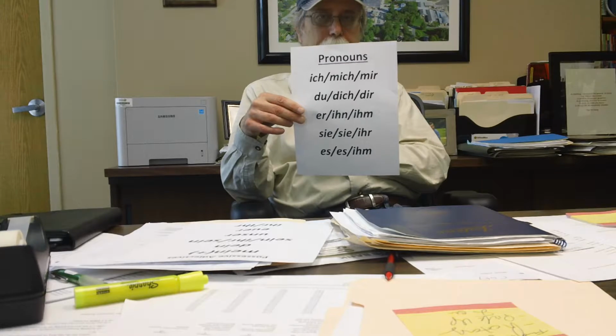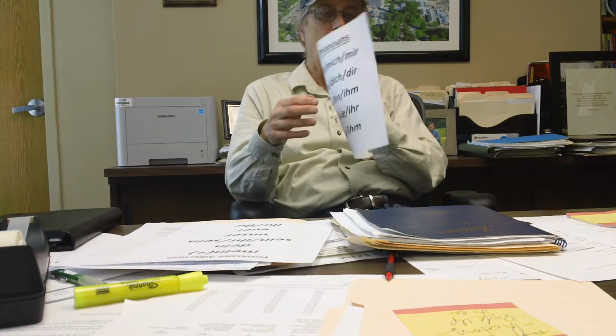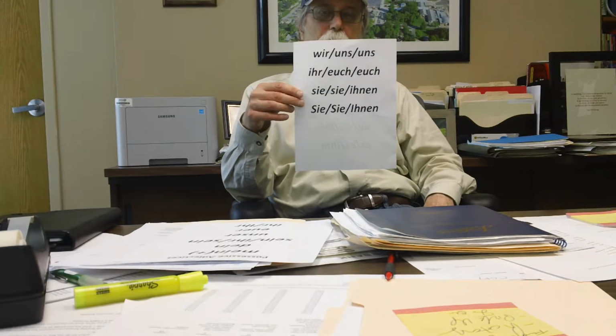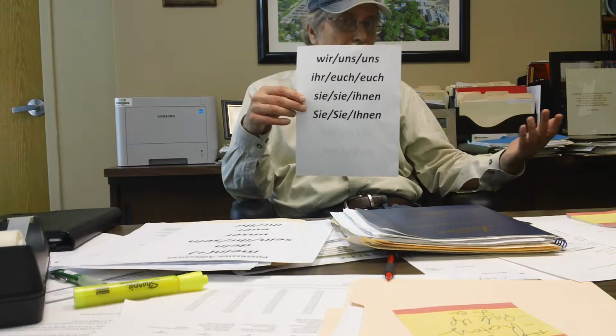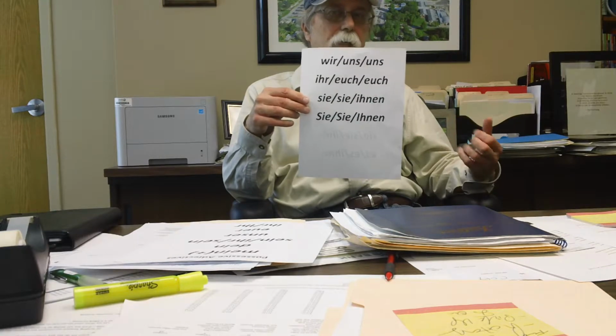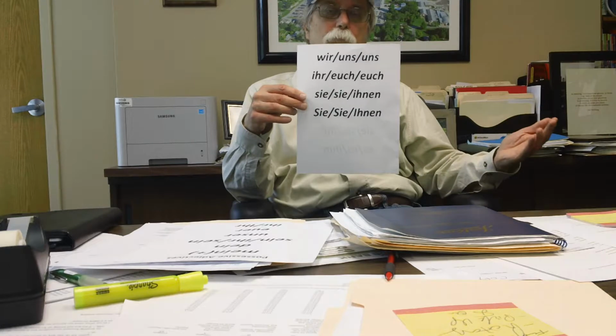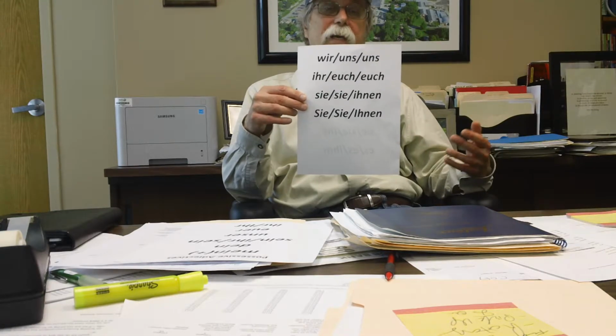Plural forms now are wir, uns, and uns. Both those unses, if you will, translate as us. So nominative is wir, both accusative and dative case forms of the first person plural personal pronoun are uns.